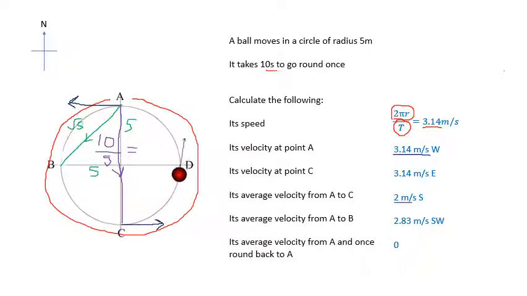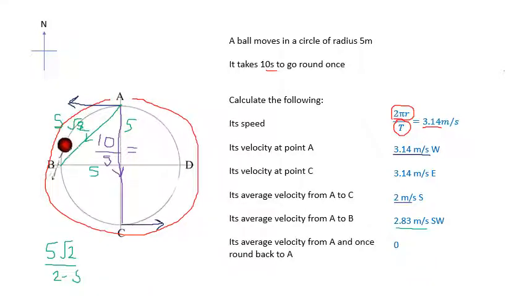Yeah, sorry, beg your pardon. 5 root 2. Yeah, Pythagoras. That squared plus that squared equals that squared. And the time it takes to get from A to B is 2.5 seconds. So it's 5 root 2 divided by 2.5, which is 2.83 meters per second southwest. If you got that right, well done.